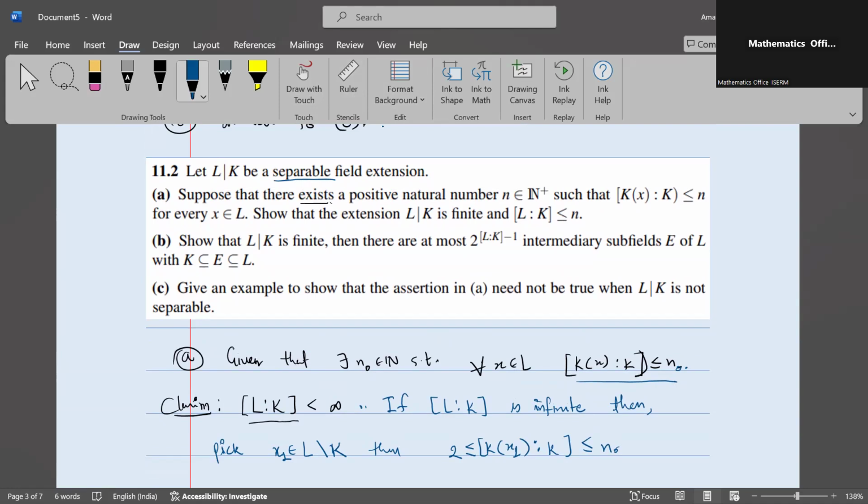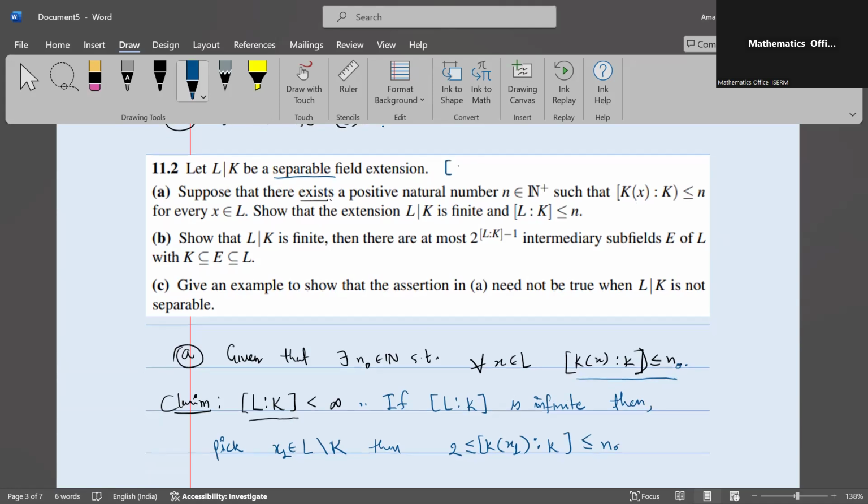This is how the definition is: an algebraic extension is called separable if every element has a minimal polynomial and that minimal polynomial is a separable polynomial.